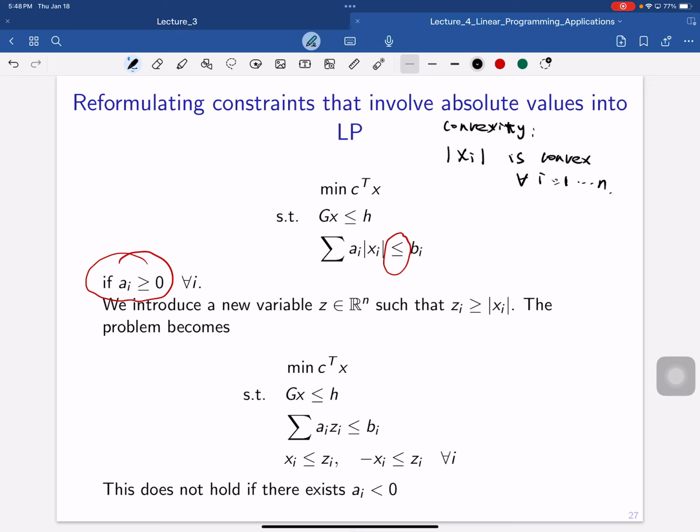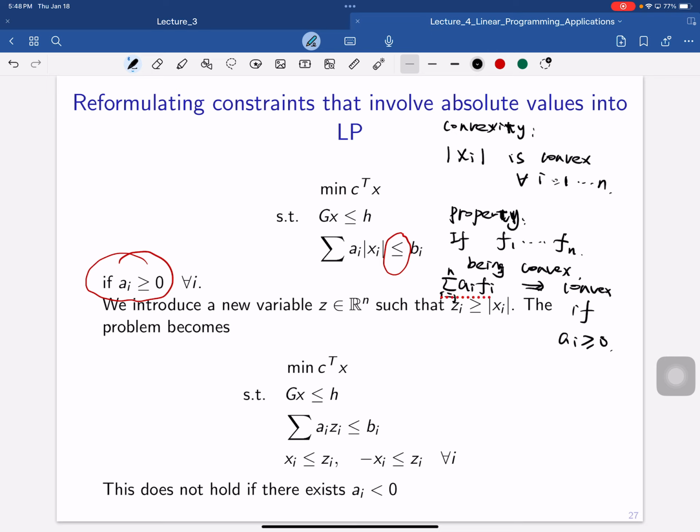There is a property here: let's say you have some functions f_1 all the way to f_n being convex, and you take the weighted sum of those functions, the sum of a_i f_i for i from 1 to n. This function is also convex if all the a_i are greater than or equal to 0. This is a homework question you are going to prove.